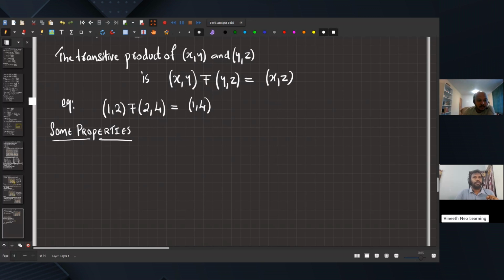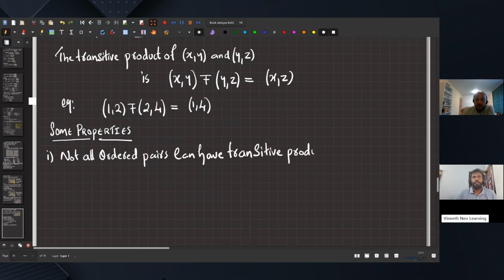Some properties. The most important property is that not all ordered pairs can have a transitive product. For example, (a, b) and (c, d) cannot have a transitive product.